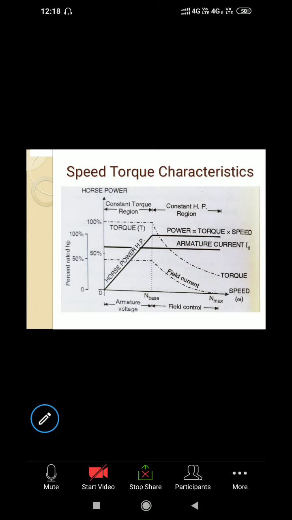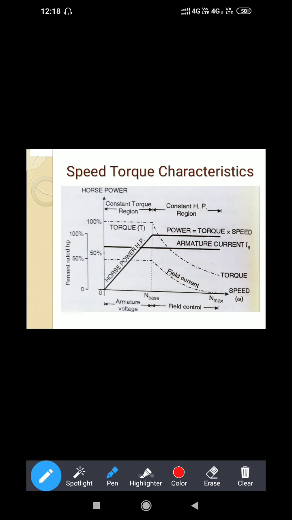Here we have included first torque, also horsepower, then speed obviously, armature current IA, and field current IF, right? So this many variables we have included in this characteristics.